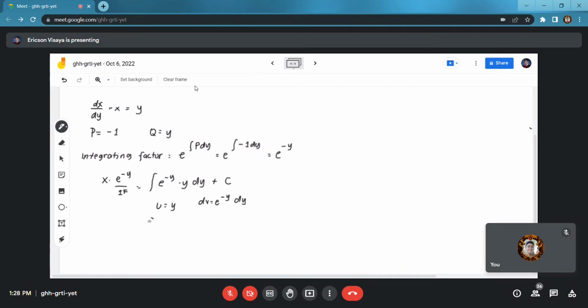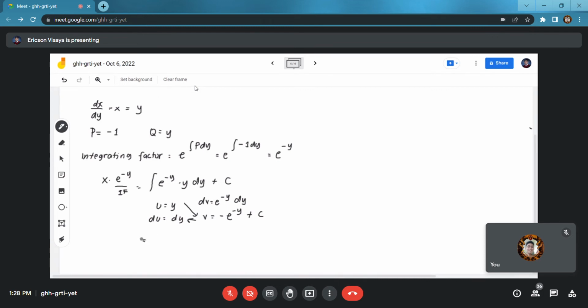Taking the derivative, du is just dy. Then integrating, the integral of e raised to negative y dy is negative e raised to negative y plus c. Then uv minus the integral of v du.